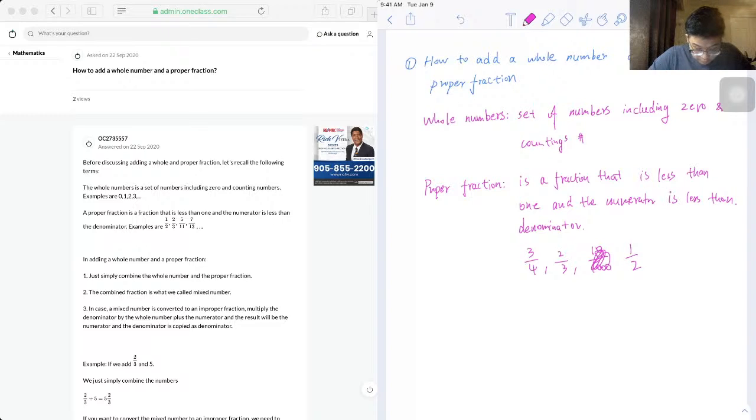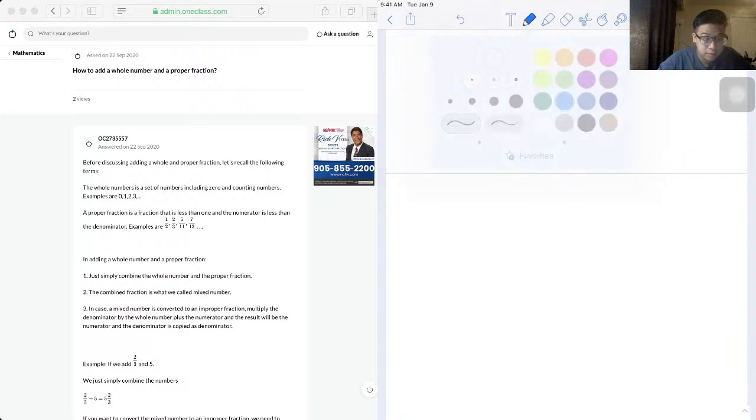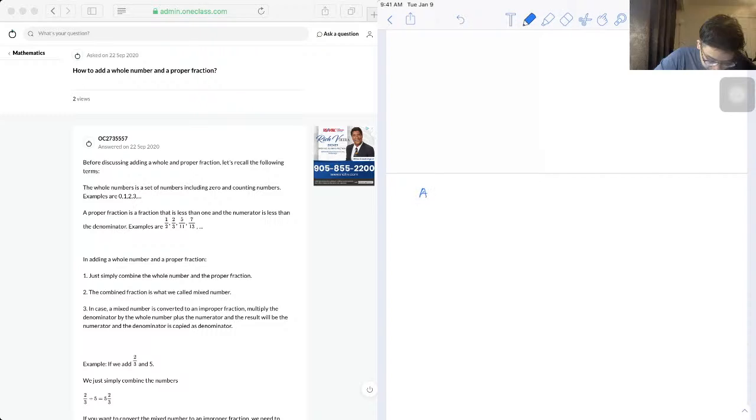Okay, so now we know what whole numbers are and what proper fractions are, so we can do our calculation. So we want to add a whole number and a proper fraction.